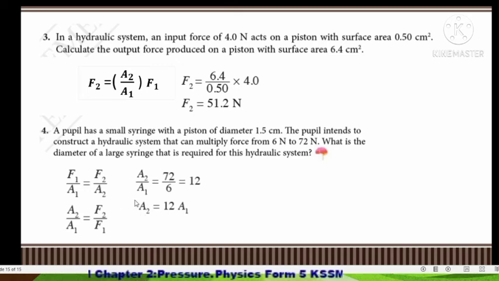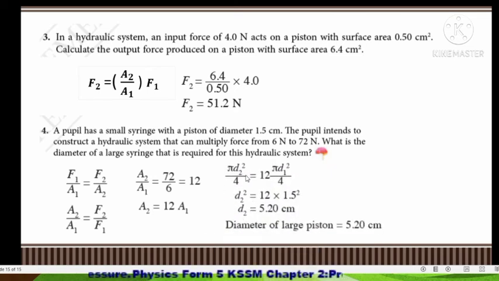The cross-sectional area of a cylinder or the syringe is a round or circle shape. So we need to apply the formula for the area of a circle, where D is the diameter. The formula for the area is pi r squared, where radius equals D divided by 2.